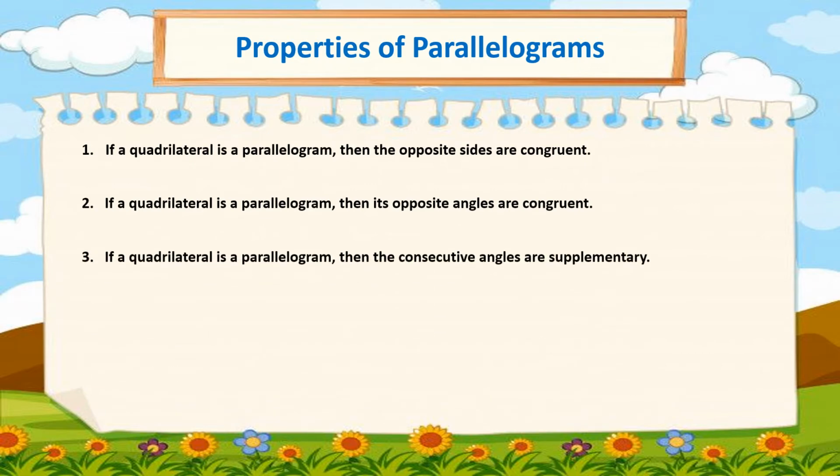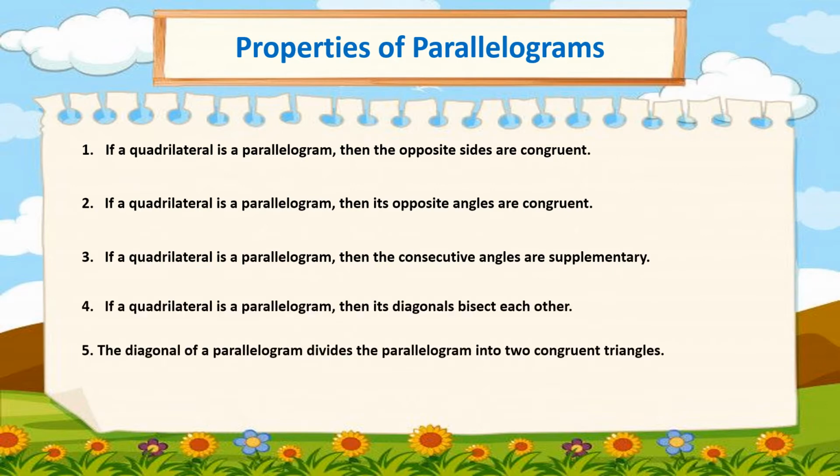Third, if a quadrilateral is a parallelogram, then the consecutive angles are supplementary. Next, if a quadrilateral is a parallelogram, then its diagonals bisect each other. And lastly, the diagonal of a parallelogram divides the parallelogram into two congruent triangles.